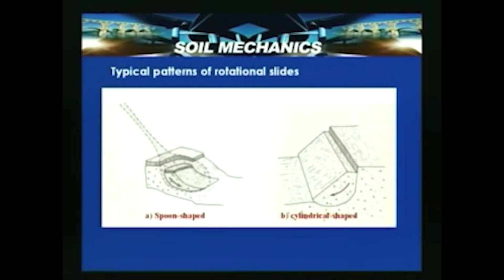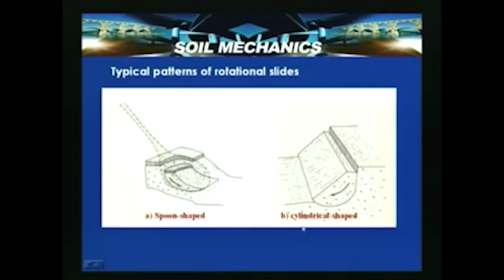So, as we have discussed, a typical pattern of the rotational slides is shown. There are typical failures which can occur. Sometimes a spoon shaped failure, which is shown here, can occur, where the entire portion will be subjected to a slip in that localized zone.